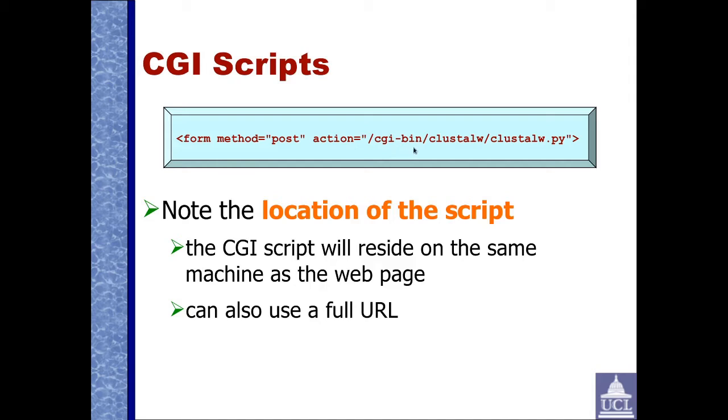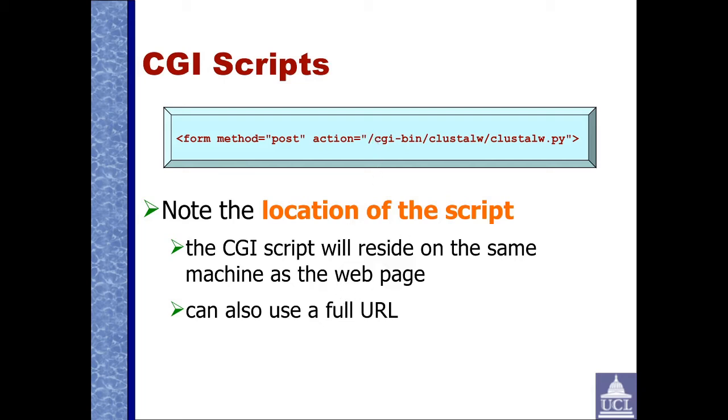So the action specifies the location of the CGI script. Now normally that will reside on the same machine as the web page, so we don't need an http:// whatever. We can just start from the top of the web accessible directories, though you can use a full URL as well.